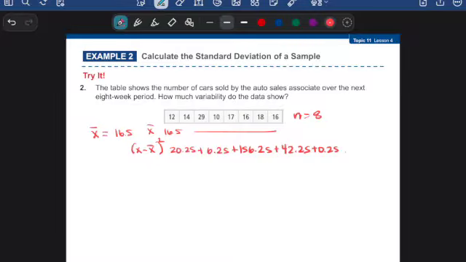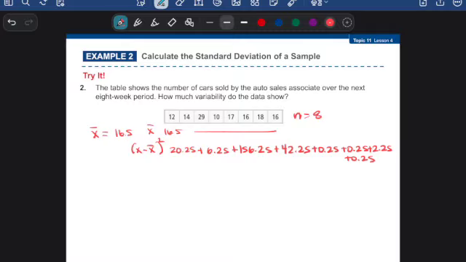So that again is going to be 0.25 since we squared it, even though the difference is in the opposite direction. 18 minus 16.5 and then squared would be 2.25. And 16 we know is another 0.25.